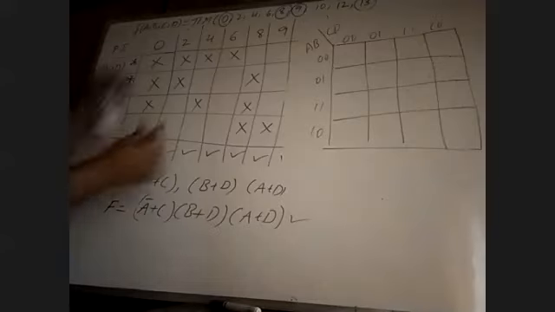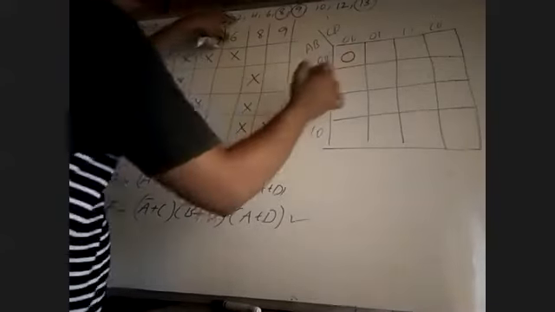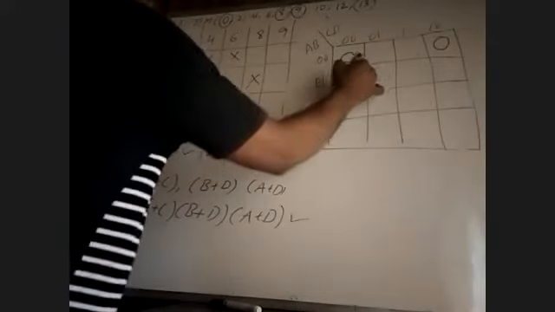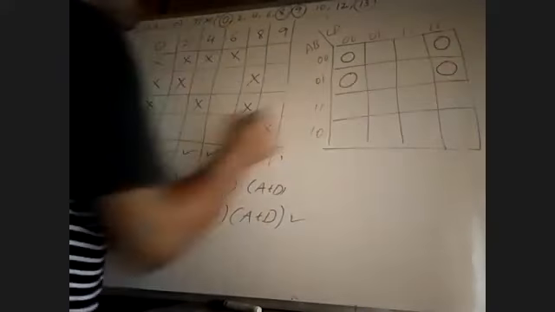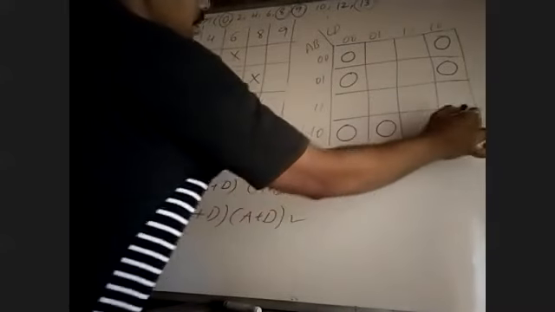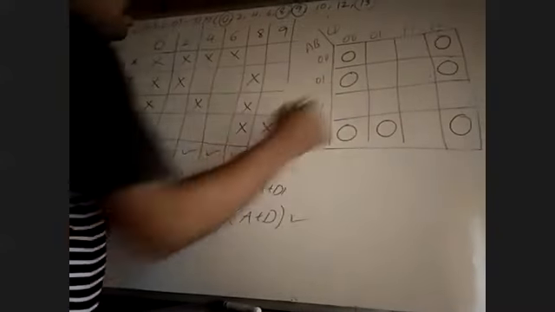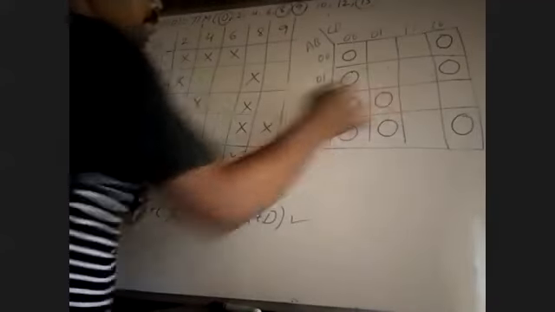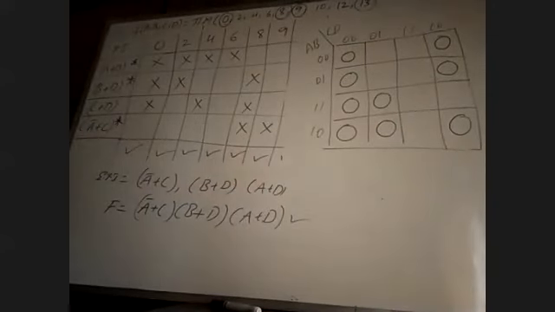What are the terms now? 0, 2, 4, 6, 8, 9, 10, 12, 13. These are max terms, but max terms are filled with zeros.